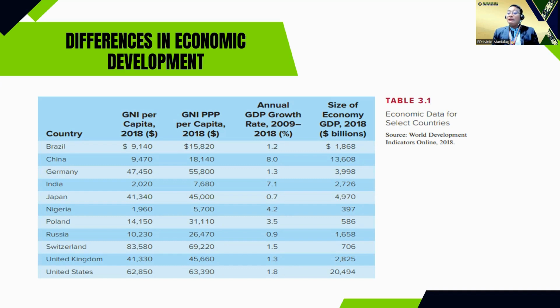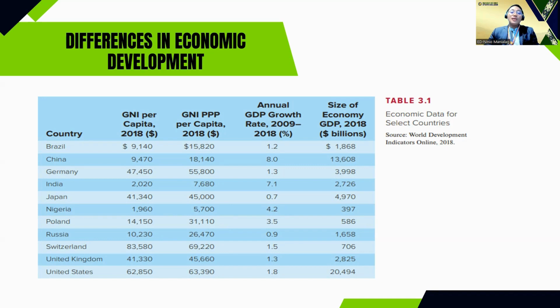China has a GNI per capita of 9,470, but with PPP adjustment it's $18,140, reflecting a significant difference due to lower living costs. China has experienced substantial economic growth with an 8.0% annual GDP growth rate, and its economy size is massive at 13.608 trillion. Imagine that.